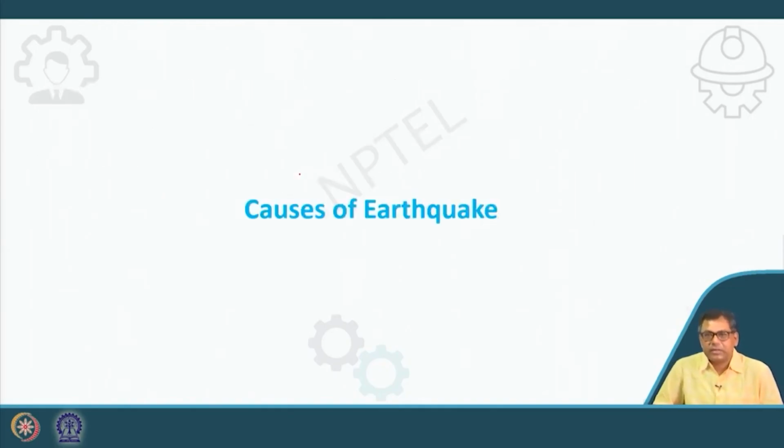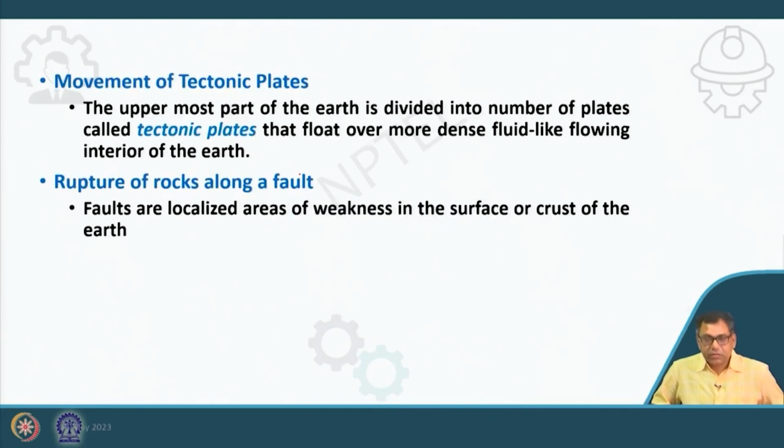As I mentioned, the first topic I will discuss is the causes of earthquake. There are basically two causes of earthquake. The first one is the movement of tectonic plates, and the second one is rupture of rocks along the fault. Now, the uppermost part of our earth is divided into a number of plates, which I will discuss later on.